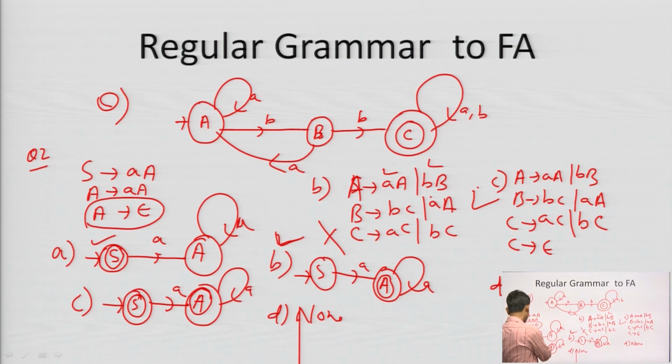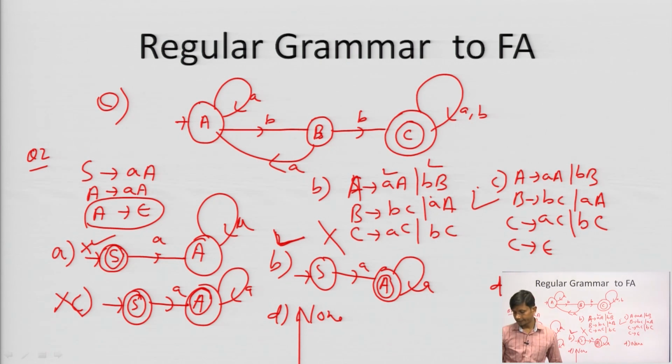Option A is never correct, because S is not a final state, since S does not have an epsilon production. Option C is also not correct, because both are final states, but only A has an epsilon production and S has none. So, option A is wrong and option C is wrong. Option B is the right answer.